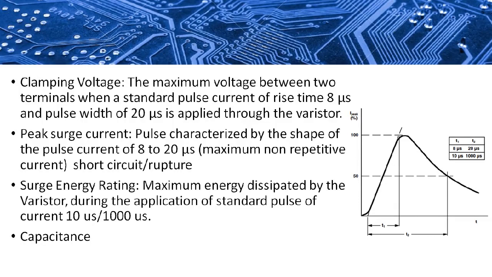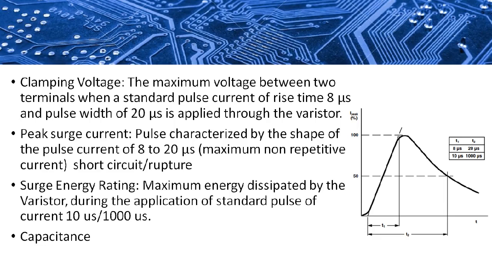And peak surge current. This is the maximum non-repetitive current that the varistor can withstand, and this is characterized by a pulse with 8 microsecond rise time and 20 microsecond pulse width. The next specification is surge energy, and this is the maximum energy that the varistor can dissipate, and this is characterized by a standard pulse of current with 10 microsecond rise time and 1000 microsecond pulse width.